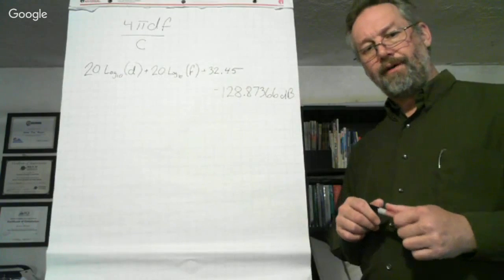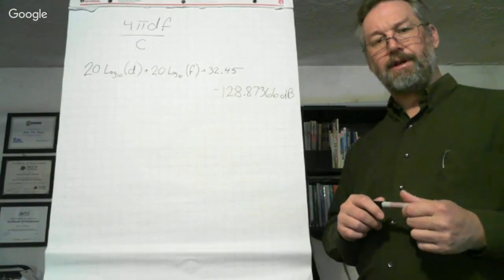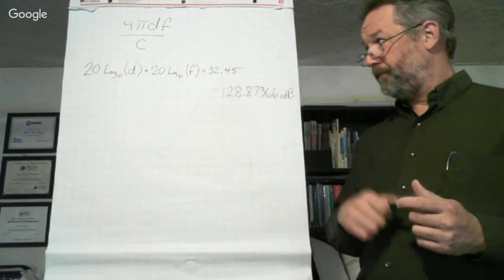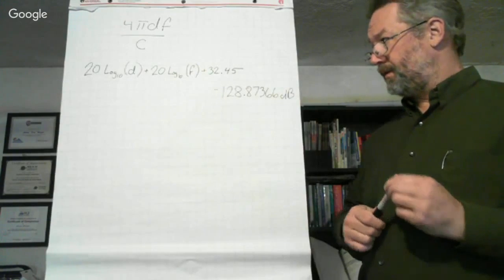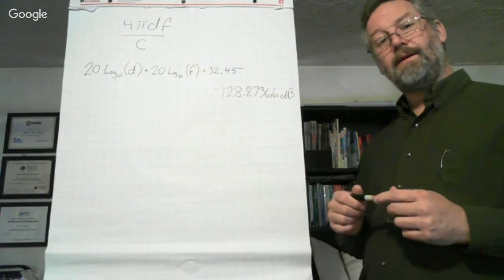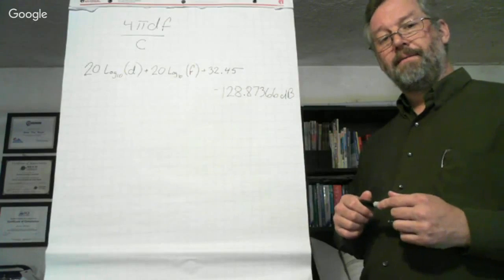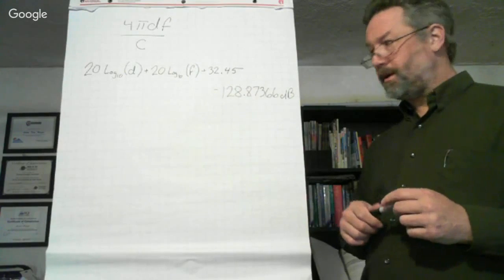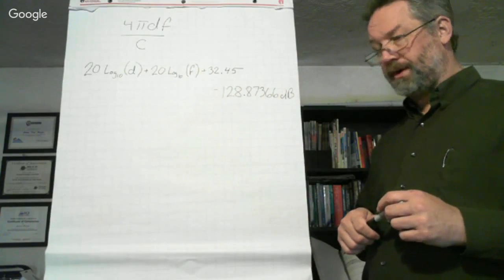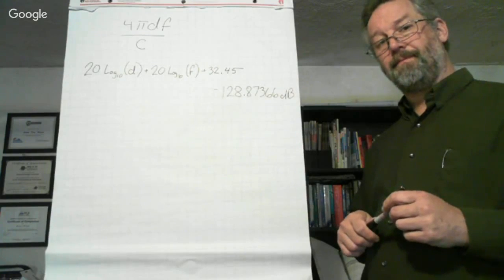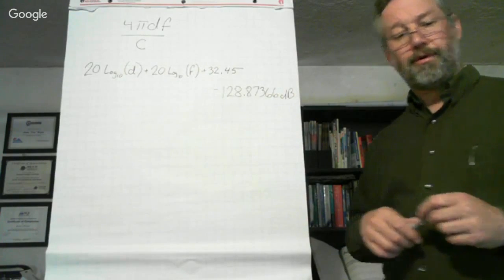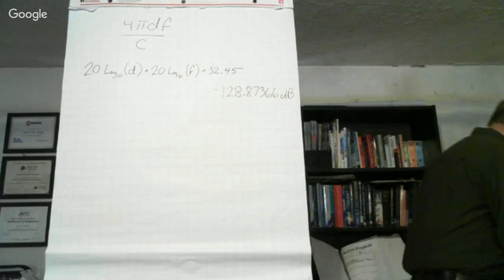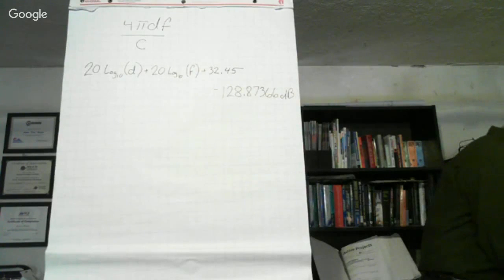So therefore, a higher frequency will have a higher attenuation in this way. But minus 128 dB is not bad. The thing you have to bear in mind, however, is what comes from the next step is what's important, because that determines what we receive.